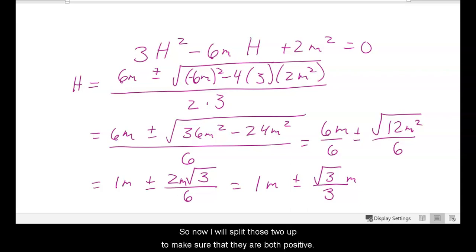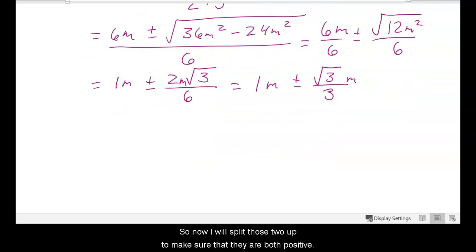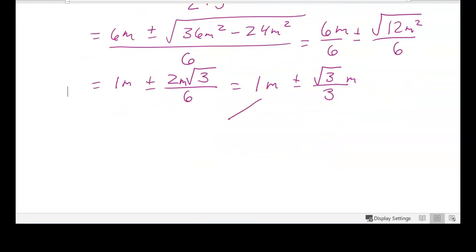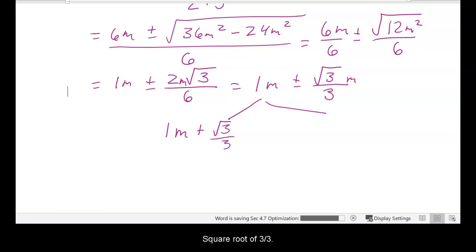So now I will split those two up to make sure that they are both positive. Splitting it into two separate values, I am led to the following: 1 meter plus the square root of 3 over 3 meters and 1 meter minus the square root of 3 over 3 meters.